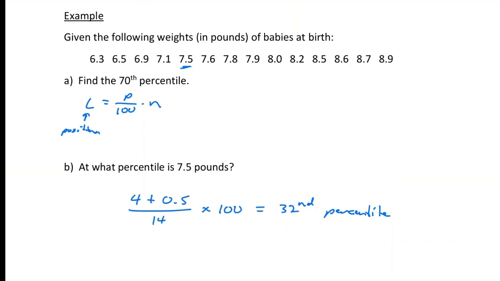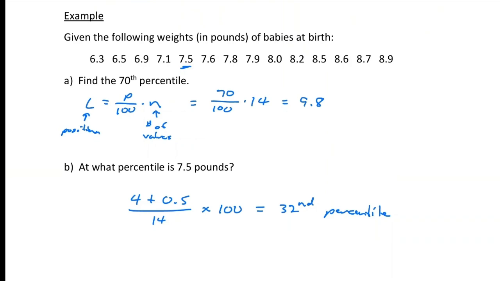P is percentile, and N is the number of values in the set. Okay. So in this case, if I want to find the location where the number is, I'm going to take the percentile 70 divided by 100 and then times 14. What I get is 9.8.